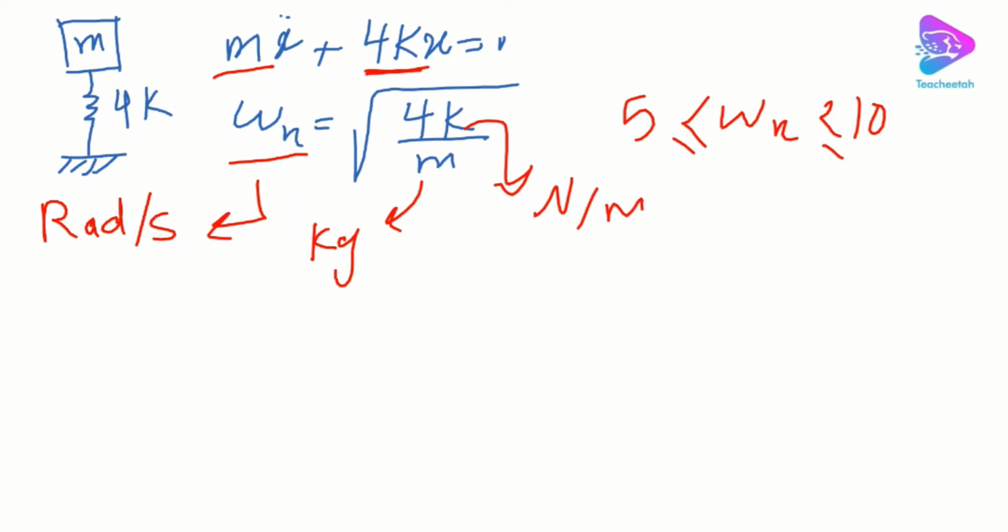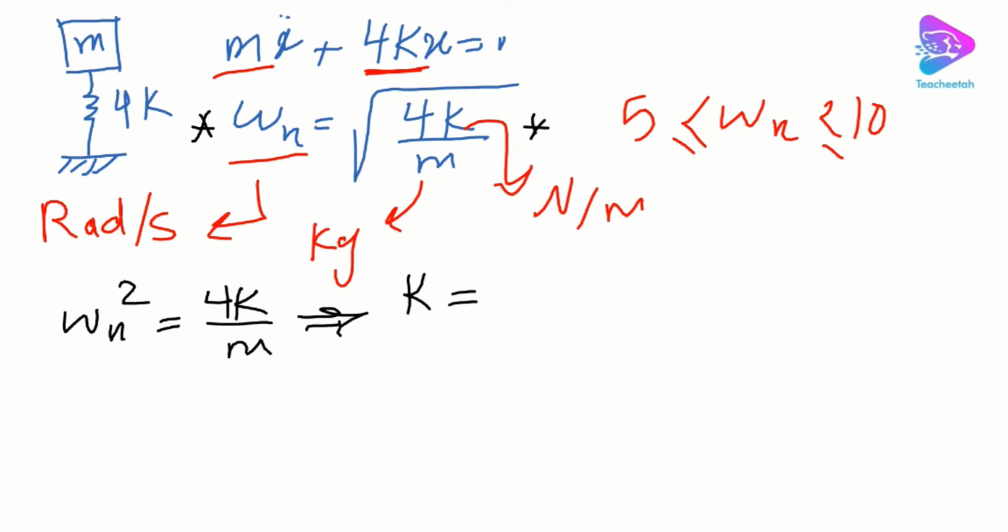Let's look at omega n. Omega n is equal to the square root of 4K over M. So if we square the two sides of this equation, we have omega n squared equal to 4K over M, right? I'm using this equation. And then K equals M omega n squared divided by 4.